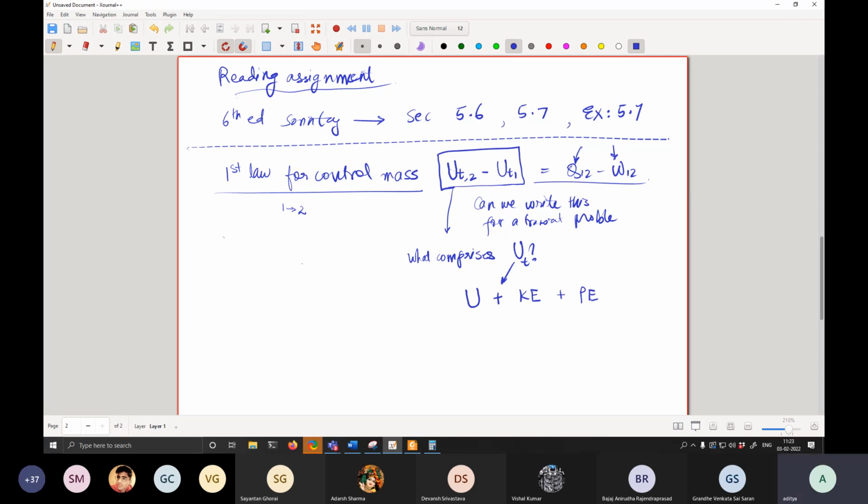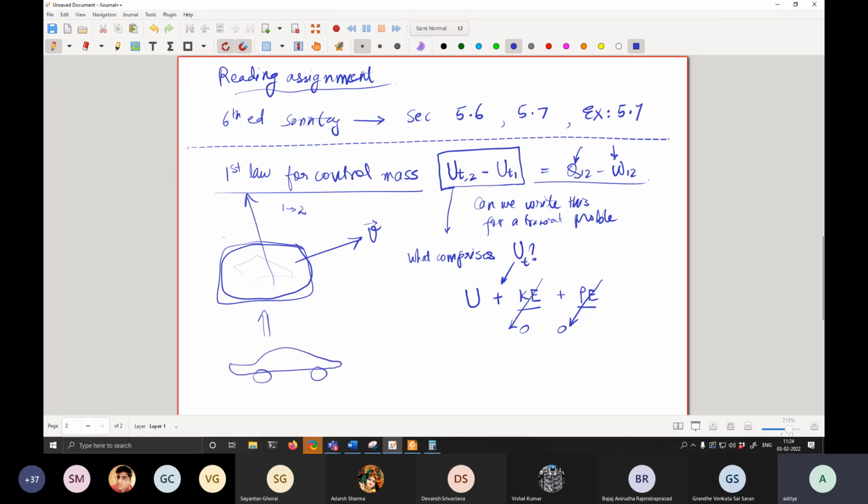And in all the examples that we have done, we have a closed chamber, you add heat and something happens. The kinetic energy and potential energy are not changing. This control mass suddenly does not start moving at some velocity. Neither is the height of the control mass changing. That is why we always sort of neglect this. And in this case, it is not neglected, it is identically zero. Okay? So, what it means is, suppose you want to analyze a car. It's a very nice car.